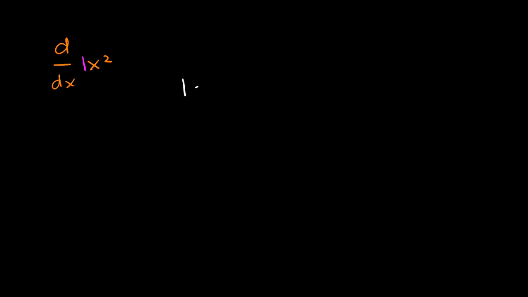But we can see that our exponent is just 2, so our n value is just 2. This times x to the power n minus 1, or 2 minus 1. This just becomes 2 times x to the power 1, or just 2x.